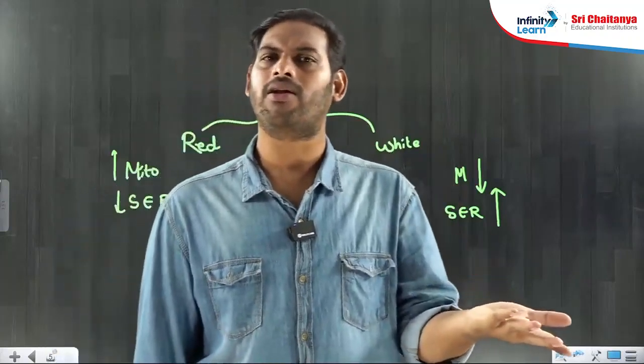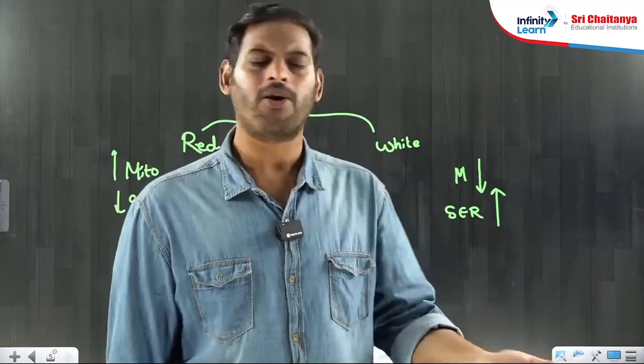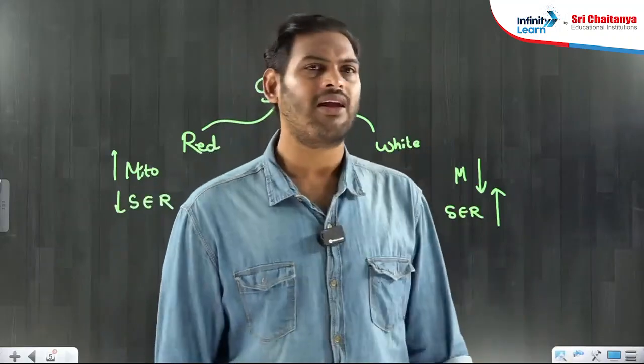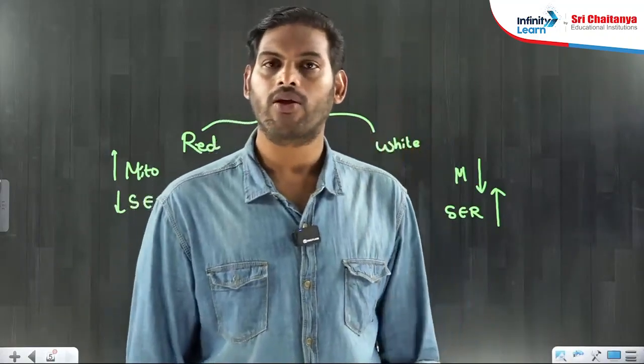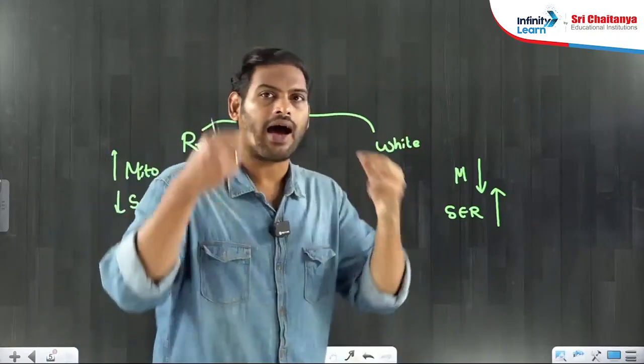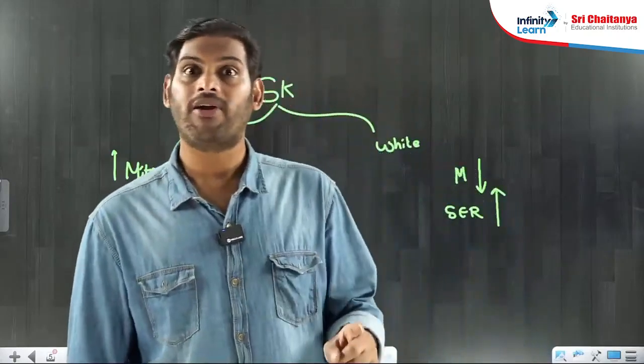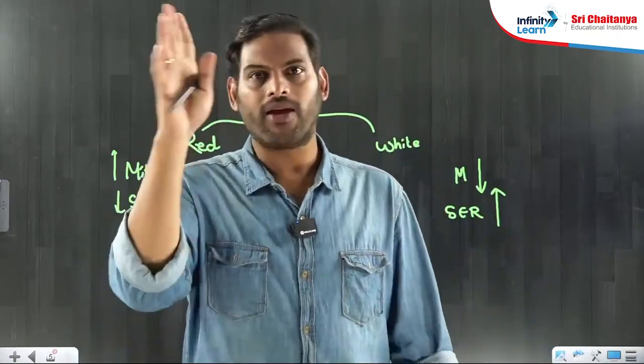Less myoglobin, less mitochondria, less oxygen, you may contract rapidly but it will give you pain. Example, white fibers are found in your eyelids. If you blink your eyelids rapidly 30 times, they will pain. Try that.